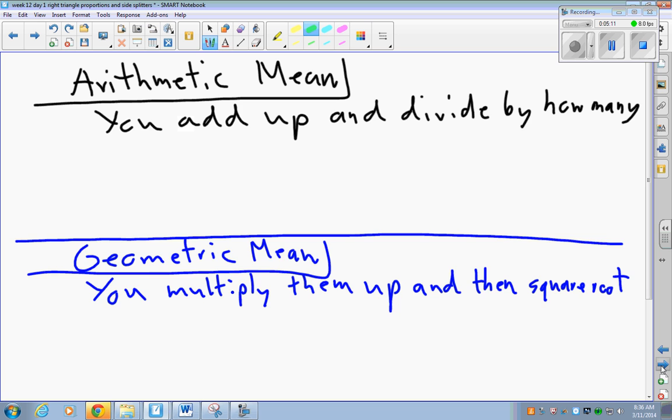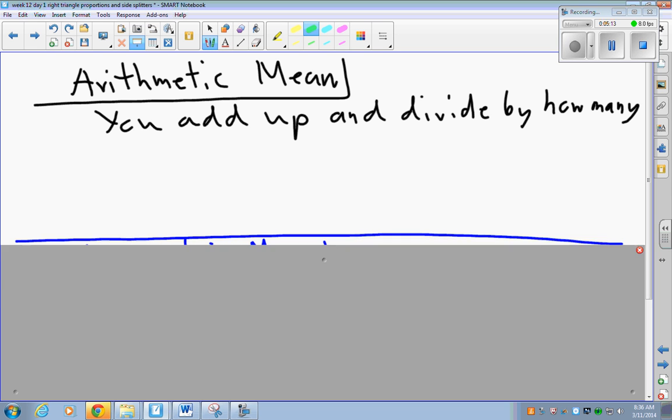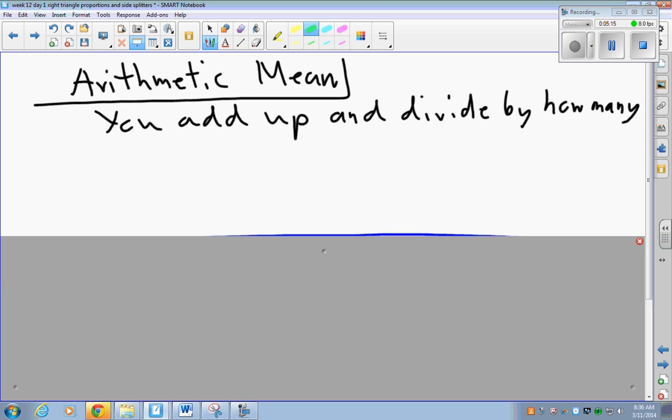Okay? Couple new vocab words for you. Arithmetic mean is something you've grown up with for a long time, since probably like 5th grade, 4th grade. How do you find an average? You add them up and divide by how many you have. Okay? So for an arithmetic mean, the whole key is adding up.